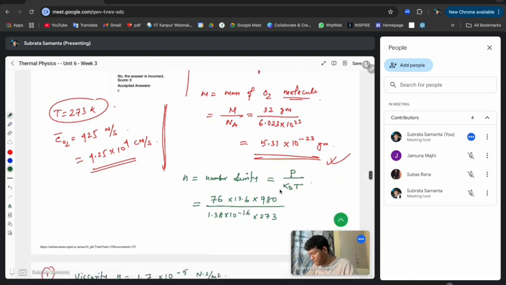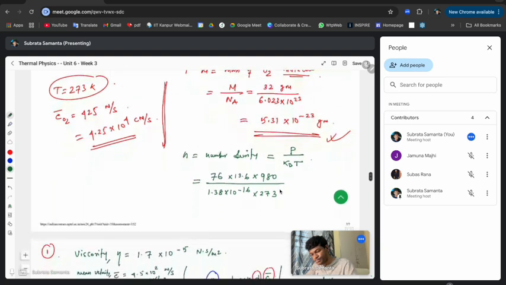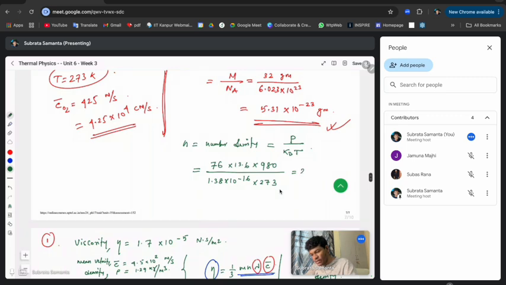So it gives 2.69 times 10 to the power 19 per centimeter cube, because this is a number density.